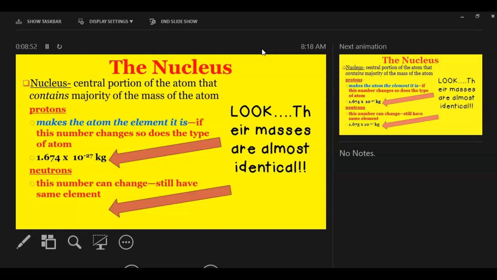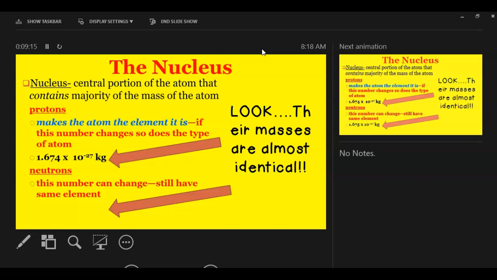Another thing, the number of protons and the number of electrons are always equal. All atoms are electrically neutral.